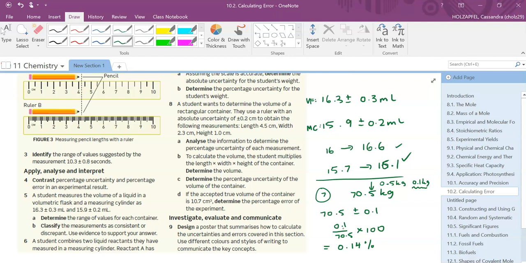So when you are multiplying, you just multiply all of those values because you're multiplying the error as well. You're not adding those values, so you wouldn't use the c squared equals a squared plus b squared formula from before. You'll just multiply all of those values. And then determine the percentage uncertainty and then you can find the percentage error. So I think you guys can go ahead and do that one yourself as well. Pretty straightforward processes, to be honest.